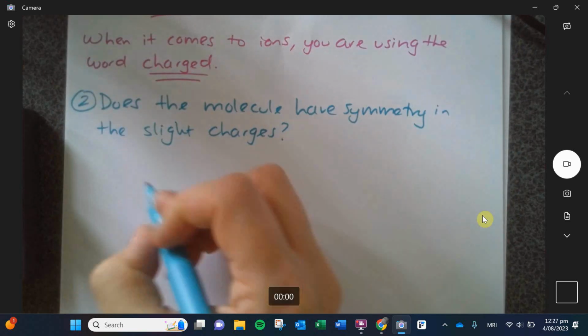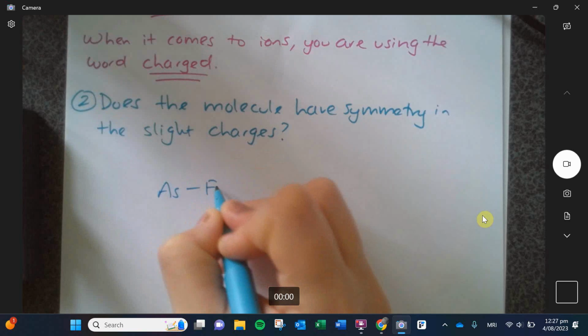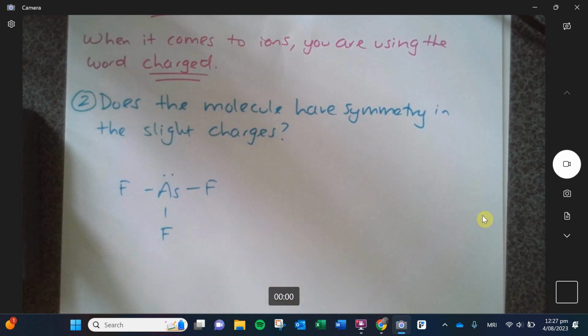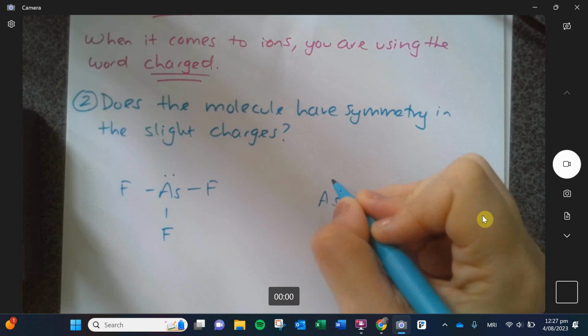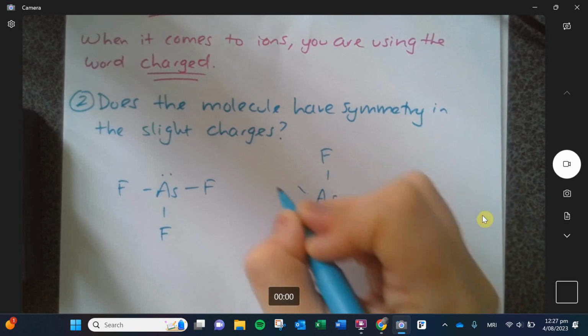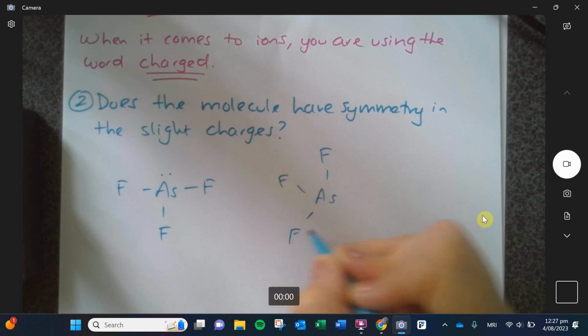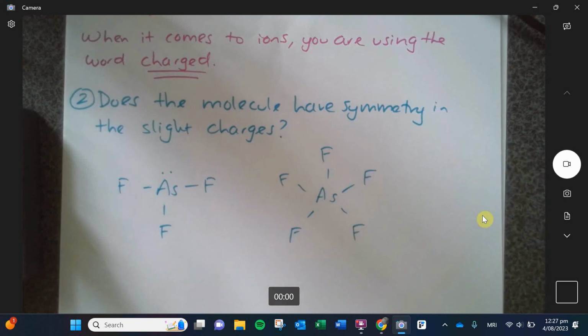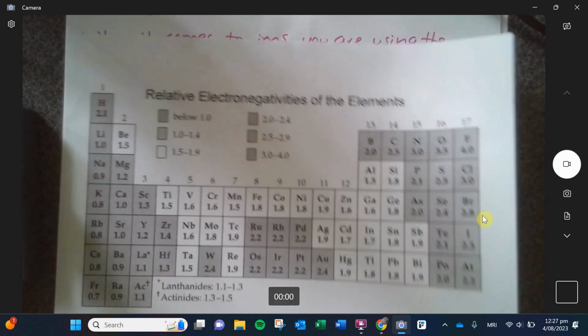It was AsF3 with a lone pair of electrons, and you had AsF5 with no lone pairs of electrons. So I am going to be looking for As on the periodic table and fluorine.